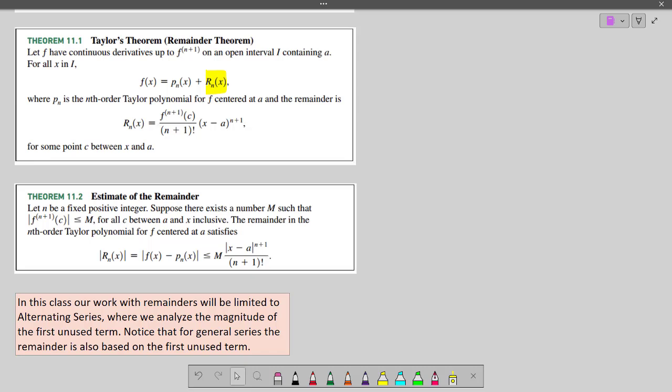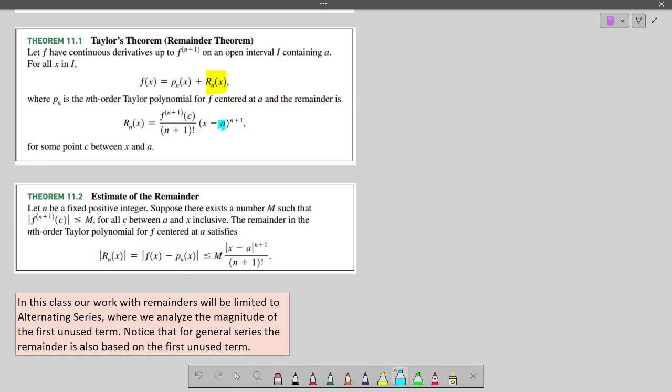So P sub n goes out to the nth derivative. To get the remainder, you go one more term, to the n plus first derivative divided by n plus 1 factorial, times x minus the center, to the n plus 1.